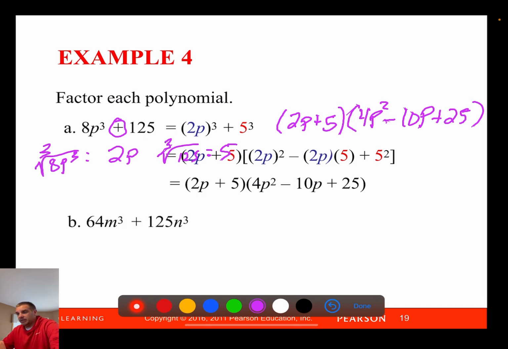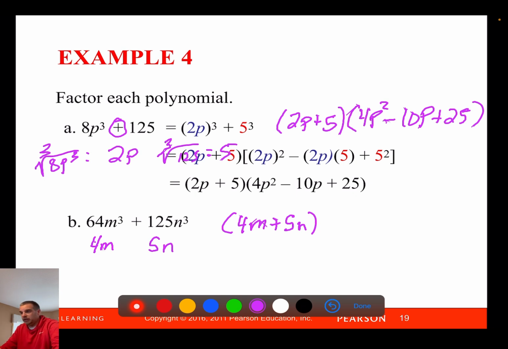So we got another one. So we got 64m cubed plus 125n cubed. So I'm just going to do this one. The cubed root of 64 is 4. So that's 4m. The cubed root of 125n cubed is 5n. It's a plus sign. So it's going to be 4m plus 5n.